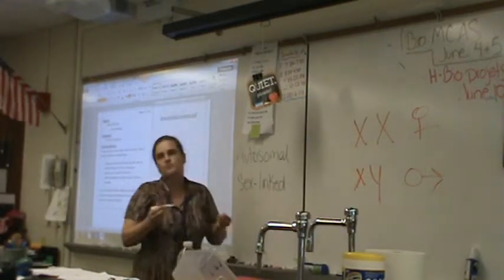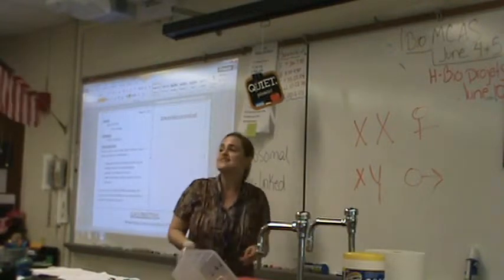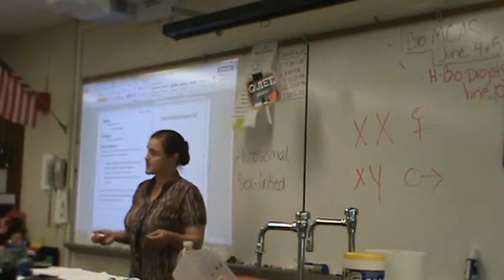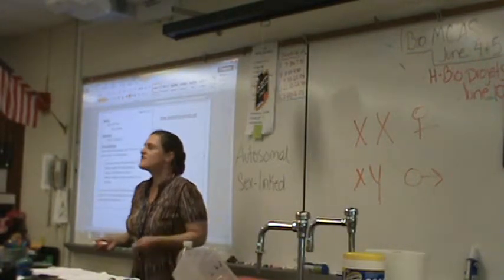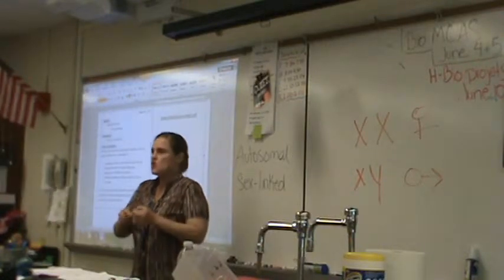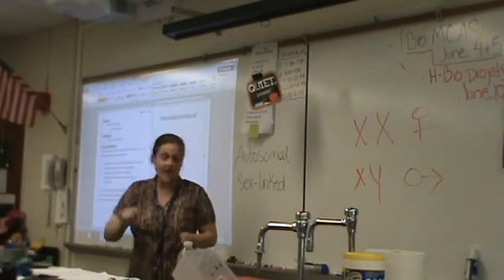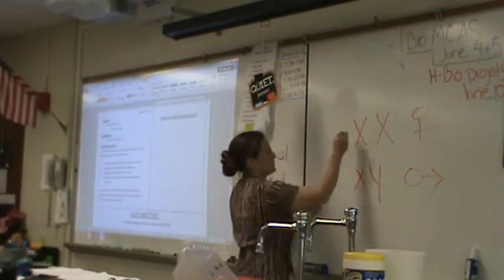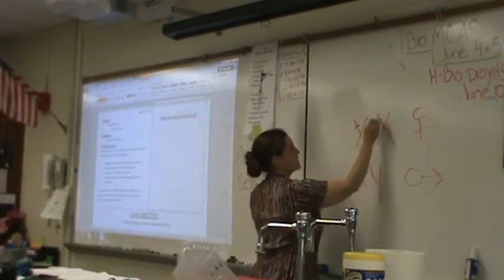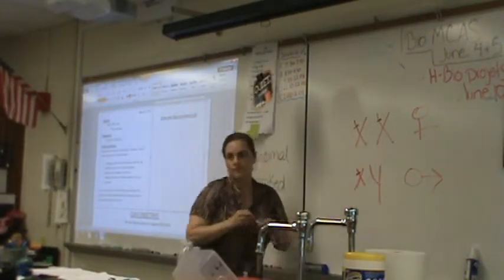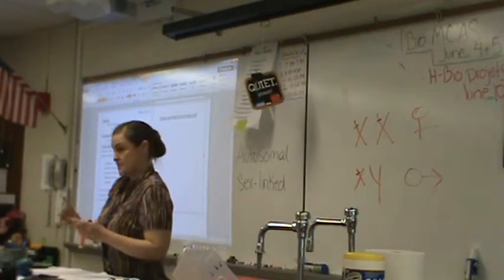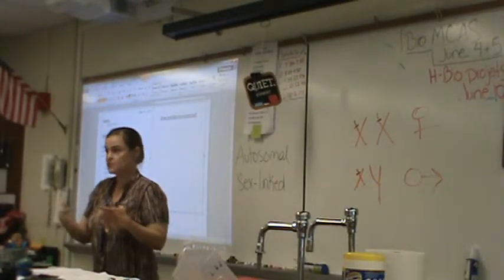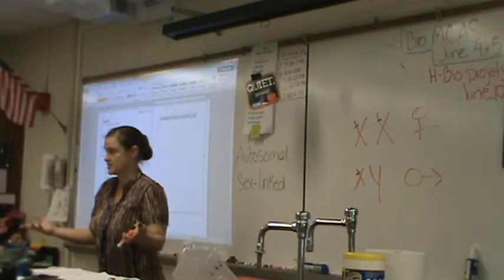Now the reason why that's important is this. If there's a disease, and there are several diseases like this, whose gene is found on the X chromosome, right here on the X chromosome, a disease gene, it's recessive, so you have to be homozygous recessive to have that disease.